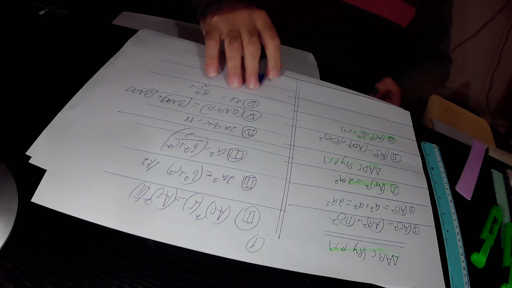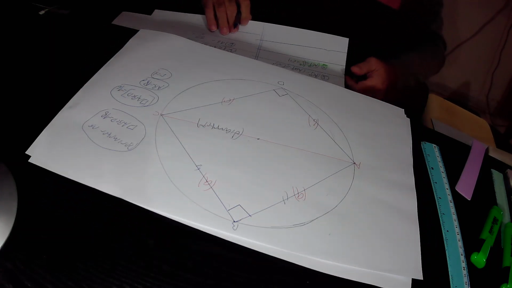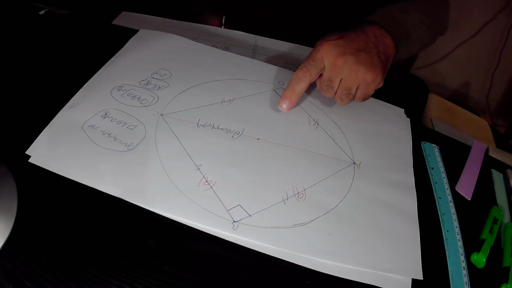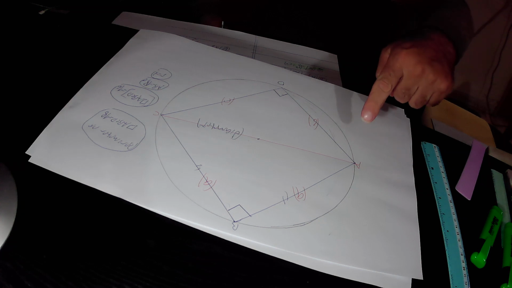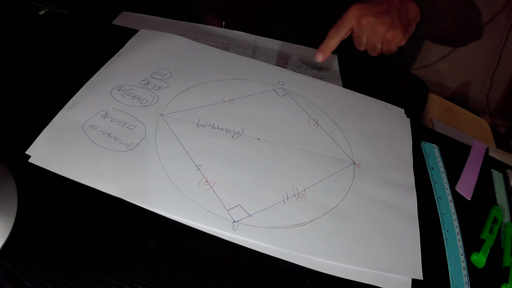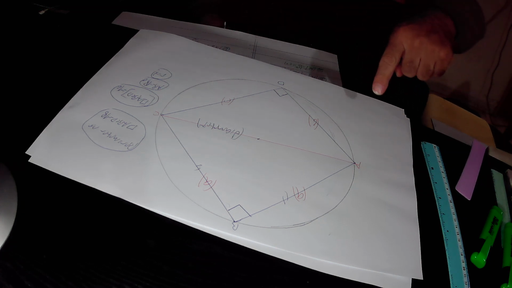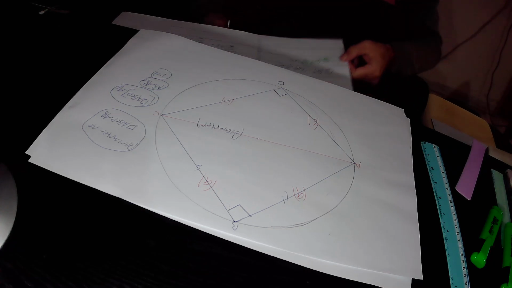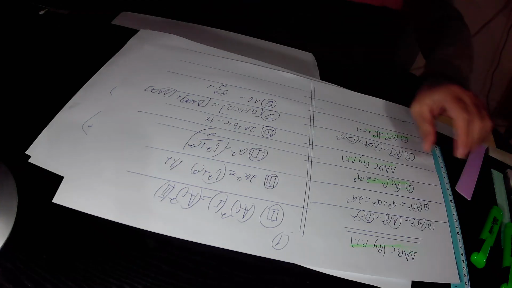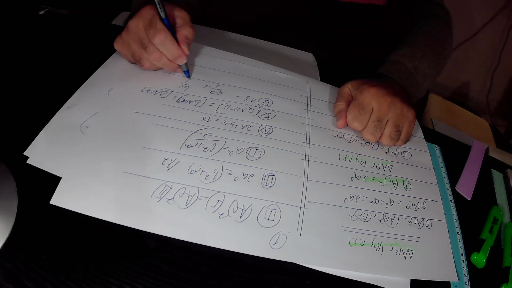Plus the area of the second shape, the right triangle ADC. The area of this right triangle ADC equals the base AD times the height DC over 2. AD is B, DC is C, so in total it is B times C over 2 square units.